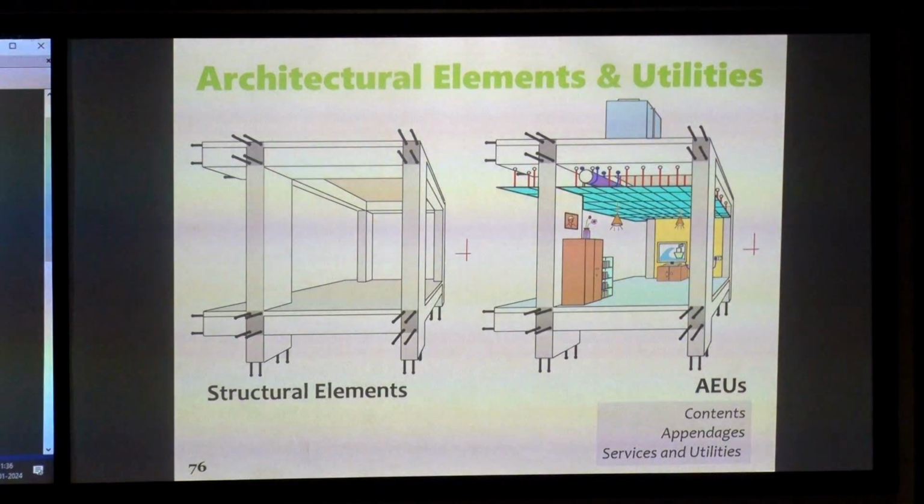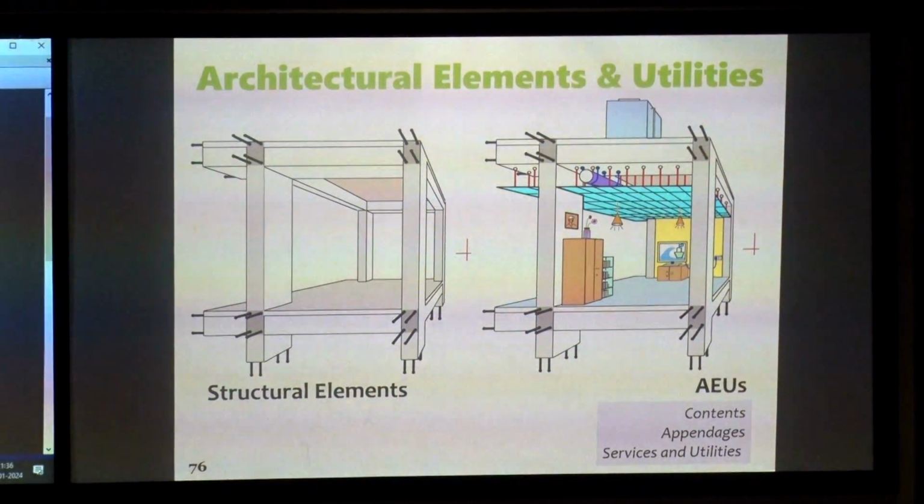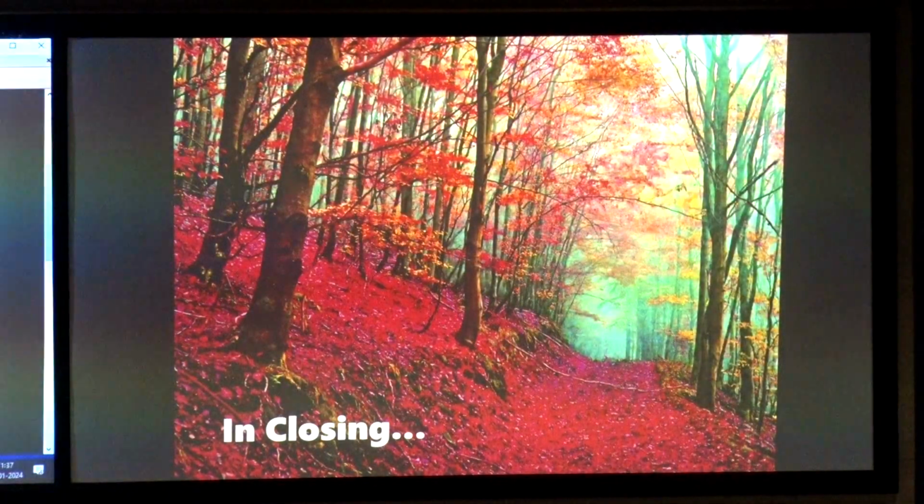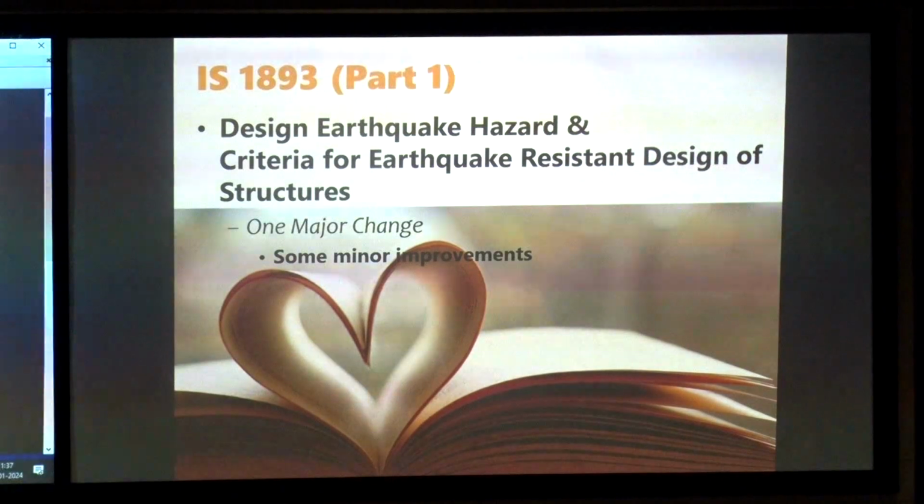Today, when we talk about performance, safety not just of the structure, but also of the architectural elements and utilities has become very important, because our buildings and structures are becoming costlier, not just because of the structural elements, but because of all these other elements. So it becomes an important aspect. I'm going to close this first part by saying that there is one major change happening in IS 1893.